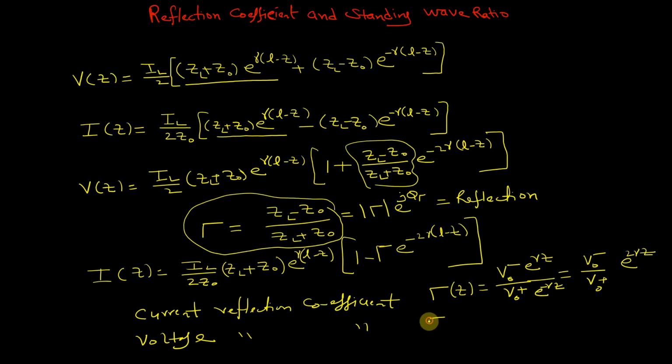And for the current, gamma(z) is equal to what? I_0 minus e^(−γL) divided by I_0 plus e^(γL), so you get I_0 minus over I_0 plus e^(−2γL). So there is a sign difference between the voltage and the current.